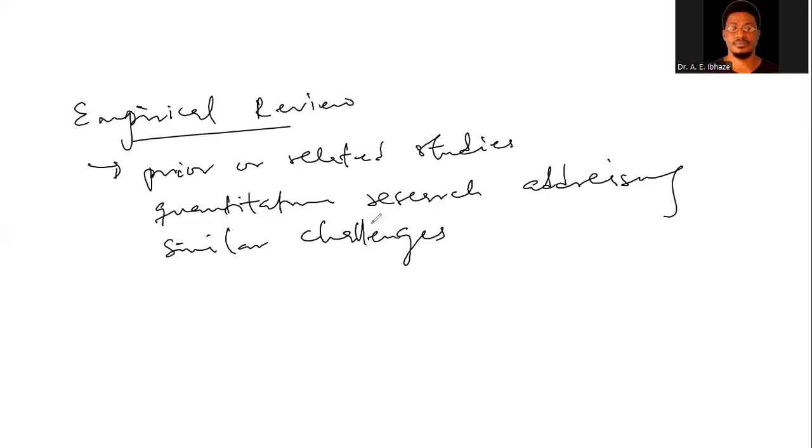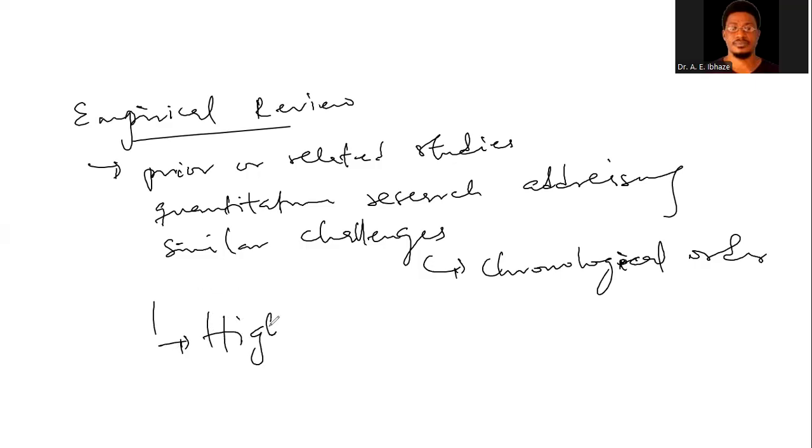Mind you, you've established the principles, you've mentioned the principles, the theories, but now you want to look up prior and related quantitative research addressing similar challenges. Then usually you want to organize this in a chronological order, okay? Okay, then by so doing, you always want to highlight the gaps.